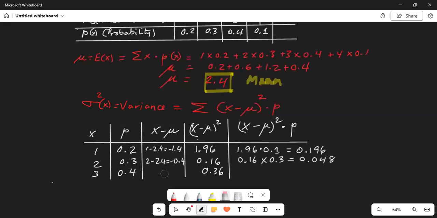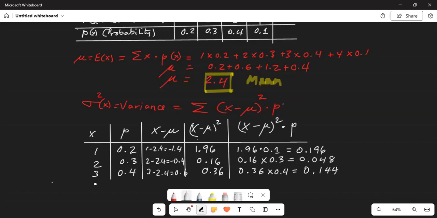This is 3 minus 2.4, which is 0.6, positive in this case, and you square that, you get 0.36. Then 0.36 multiplied by the corresponding probability of 0.4 gives 0.144.